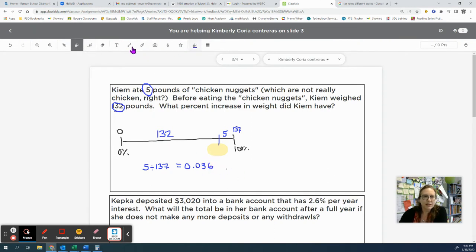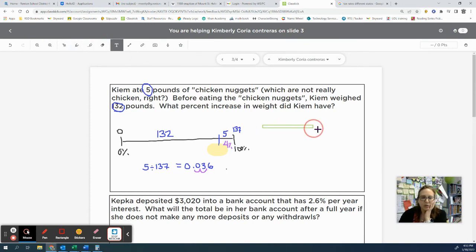What we do is we take that number and multiply it by 100, which means we move the decimal point over 2 places. And we could say that the percent increase was 3.6%, but I've been telling you to round up, so it's 4%. 4% increase.